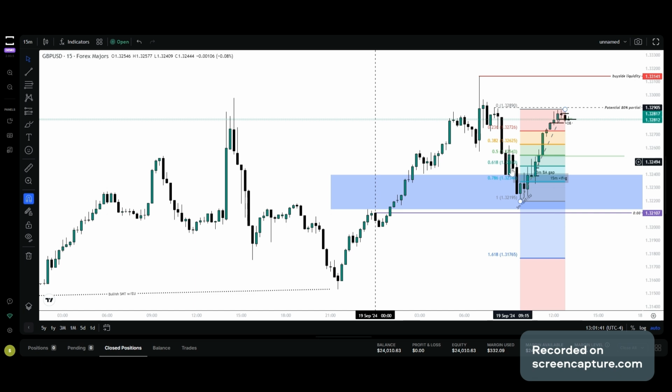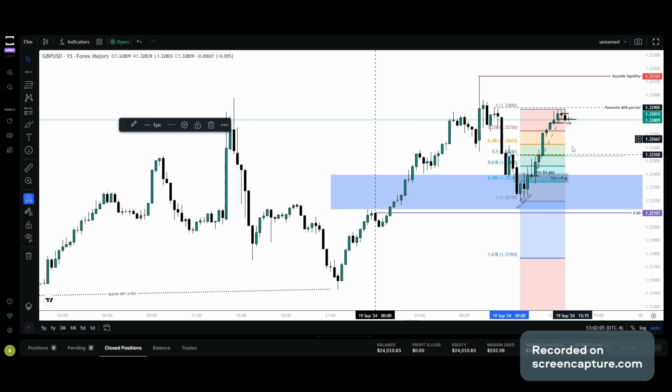So we have this breaker right here. I have my eye on right there. That breaker is right there at 50% alongside this 15-minute buy side imbalance, sell side efficiency. So that's a reasonable place that we could see price go into.